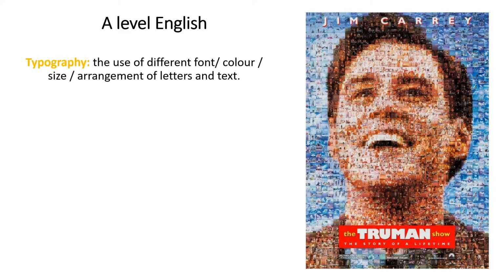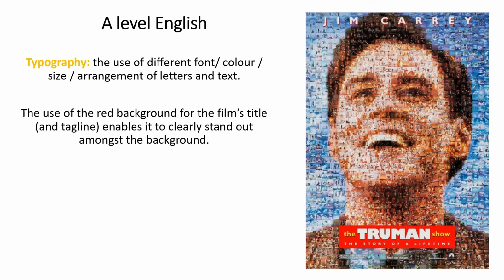Okay, so now we're having a look at typography, which is specifically the use of font and different fonts, and the colour of the font, style of the font, size, and the arrangements of the letters and the text within the multimodal image. So let's begin with the title of the film, The Truman Show, and note that although it's right down at the bottom of the poster, which is quite unusual.